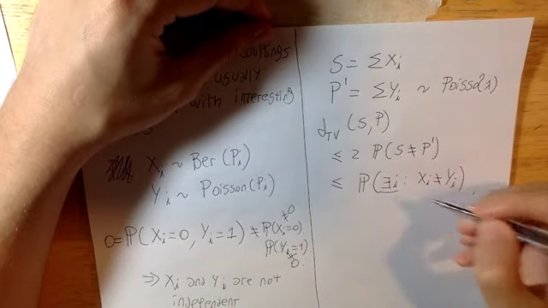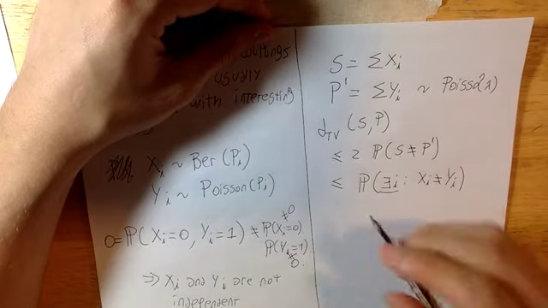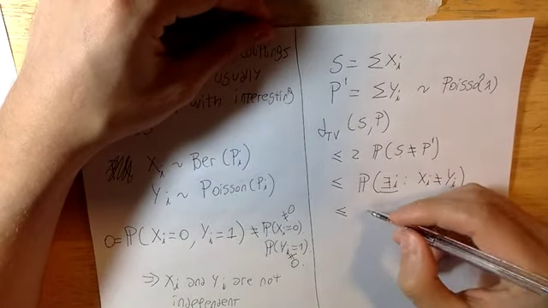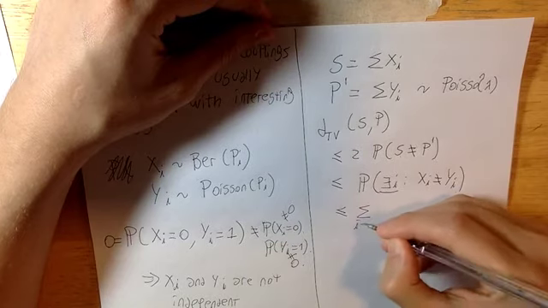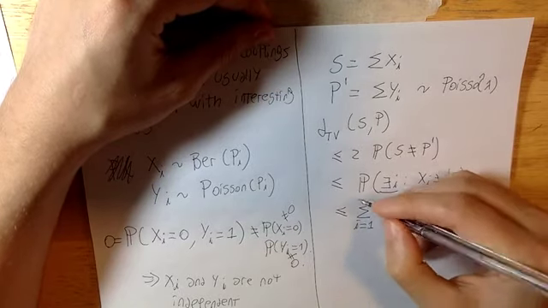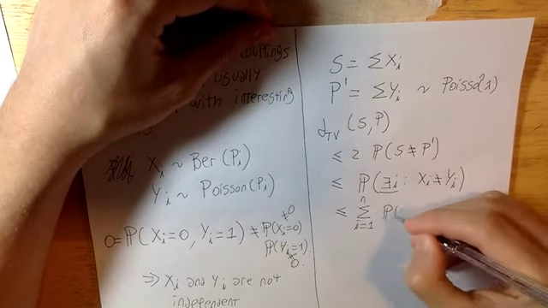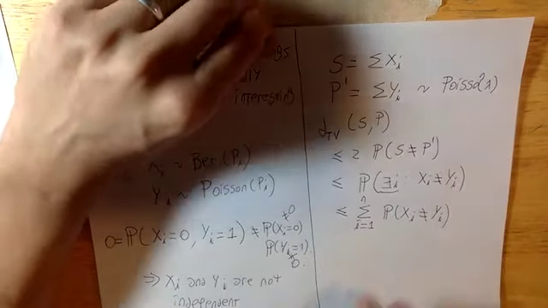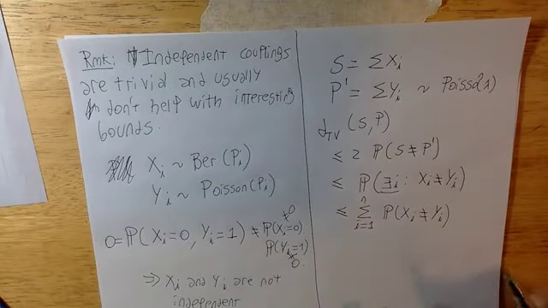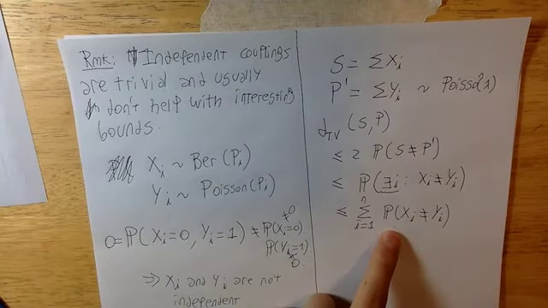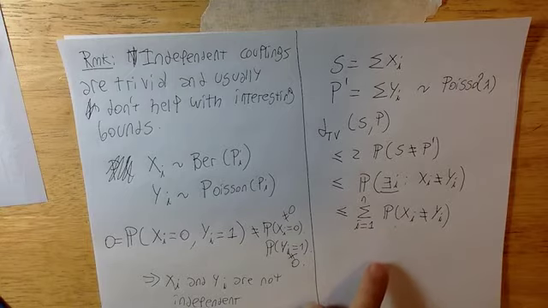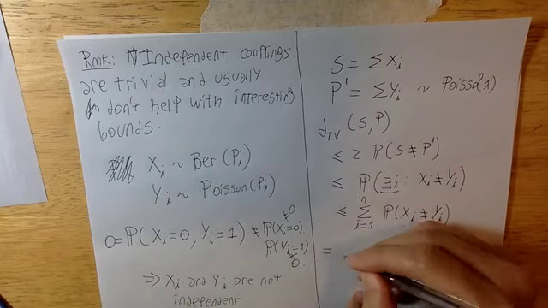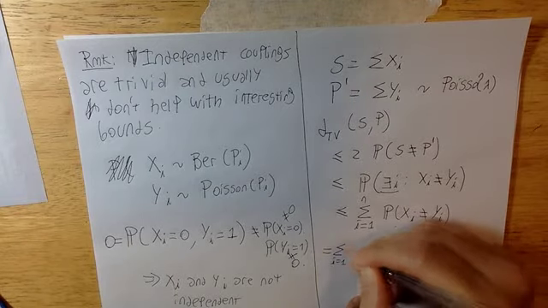And of course, the probability that there exists one is going to be less or equal than the sum from i equals 1 up to n of the probability that xi is different from yi. So the only thing to get this bound is we need to calculate the probability that xi is different from yi.